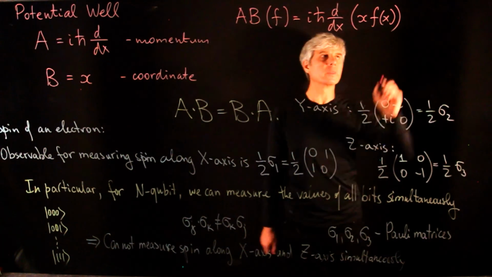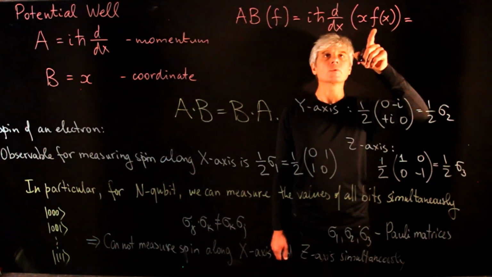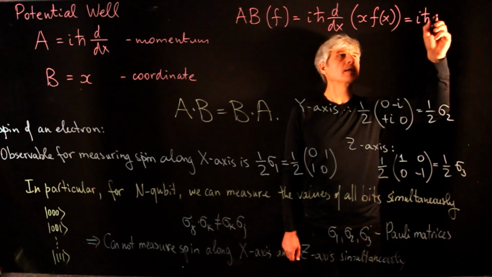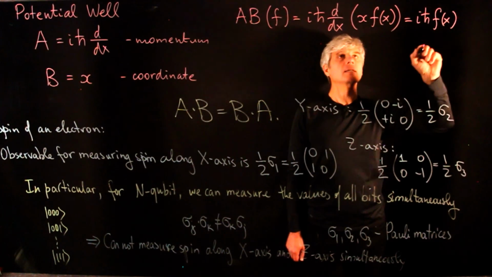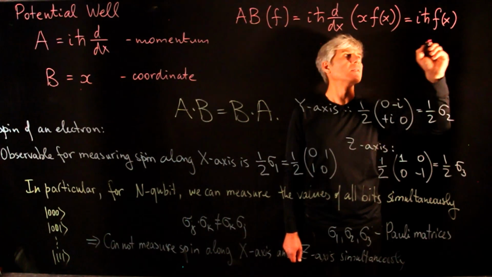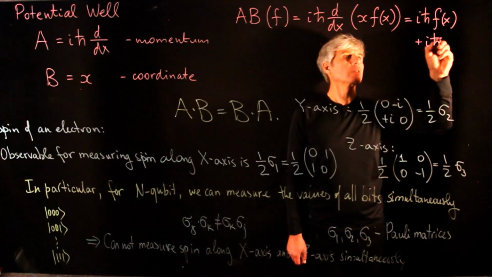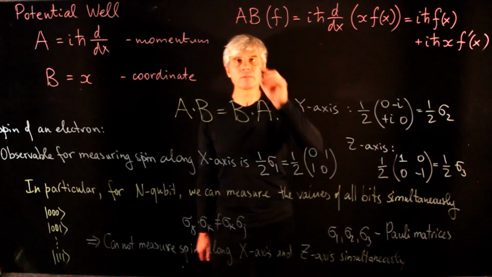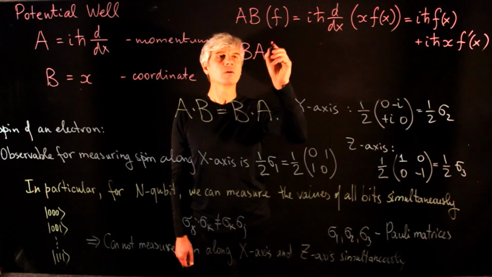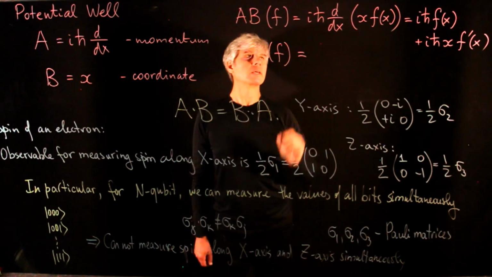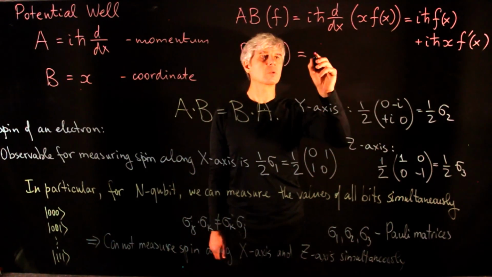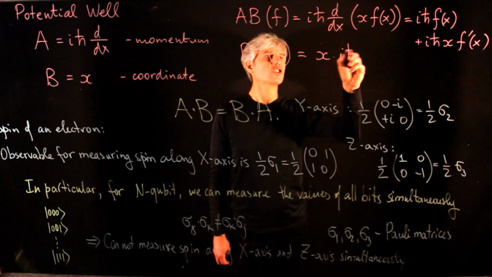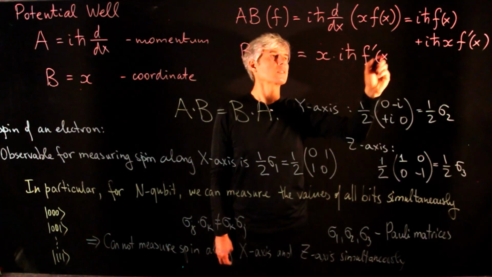All right. So now we differentiate, and here we differentiate using the product rule. So we get iħ f of x plus iħ x f prime of x. And if we calculate BA of f, then this is going to be x times iħ f prime of x.